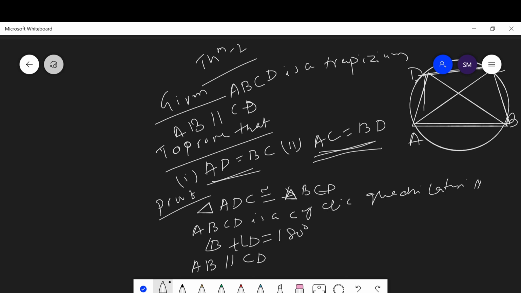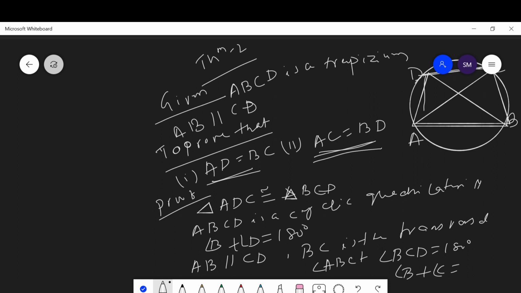Then BC is the transversal, which shows that the sum of interior angles on the same side is 180 degrees, which shows that angle ABC plus angle BCD is equal to 180 degrees. So angle B plus angle C is equal to 180 degrees, and angle B plus angle D is 180 degrees.